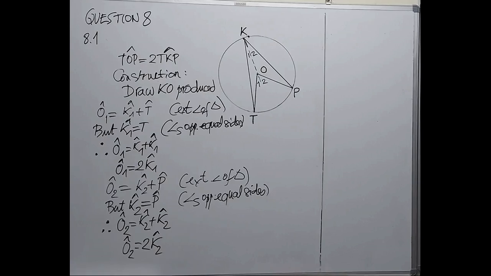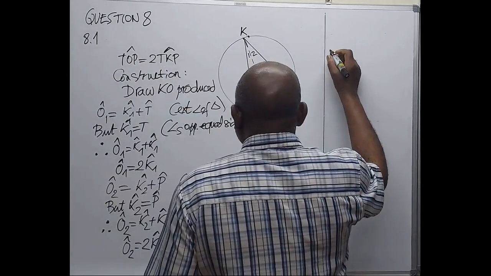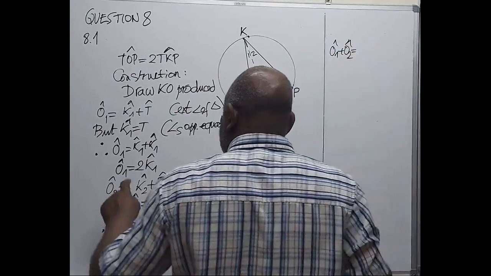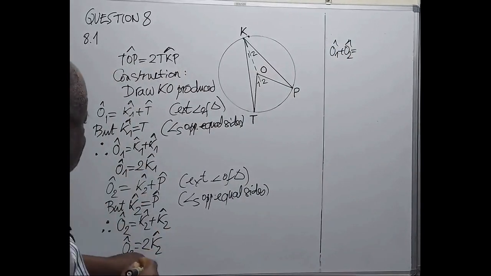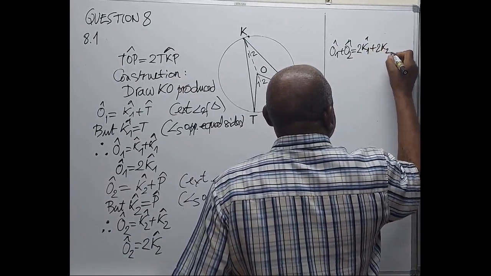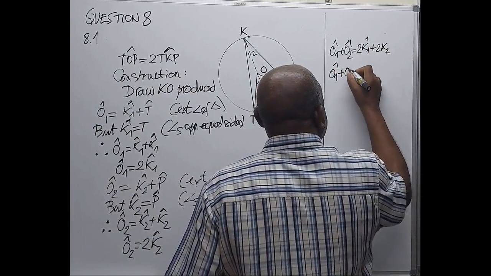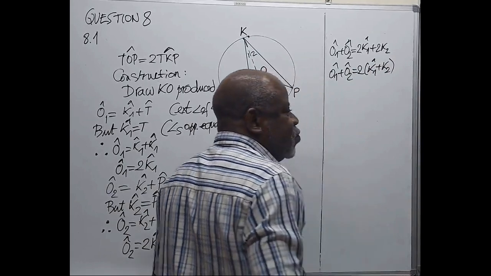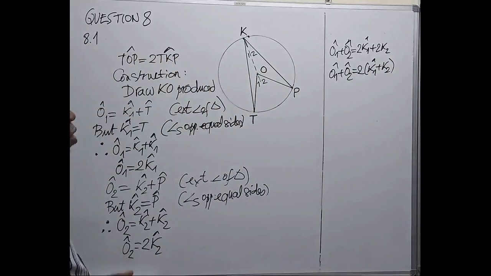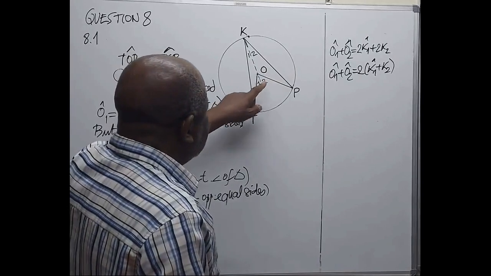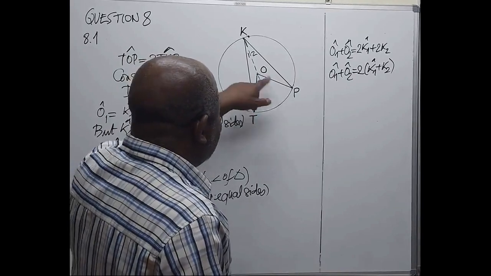Then we take the sum of O1 plus O2. O1 plus O2 will be equal to 2K1 plus 2K2, so it will be 2 times K1 plus K2. You can see that O1 plus O2 gives us TOP.